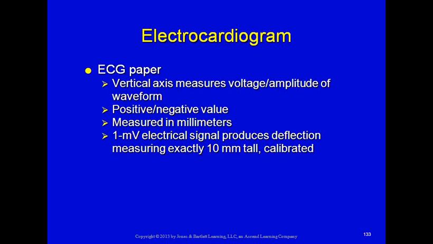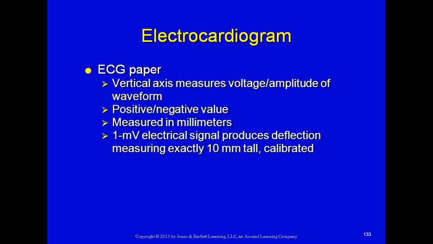The vertical axis going from bottom to top measures voltage, like I had said, and it'll have a positive value if it's above the isoelectric line, a negative value if it's below the isoelectric line, and it's measured in millimeters for height and millivolts as well. 1 millimeter equals 1 millivolt in the measurement from bottom to top of those small boxes.